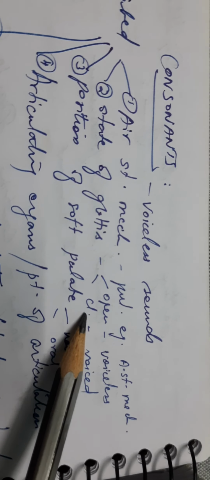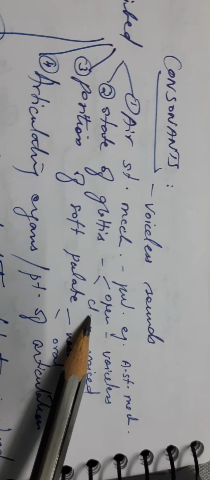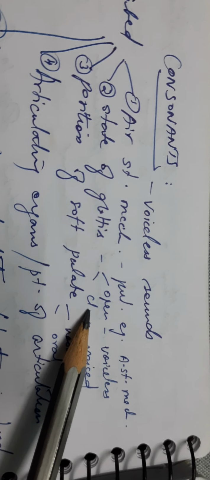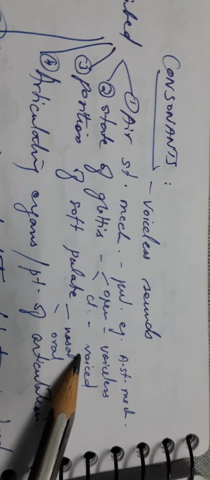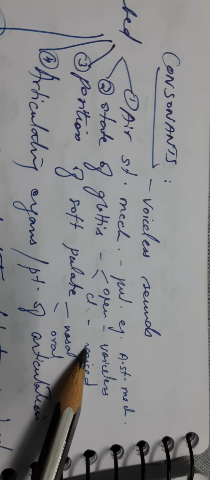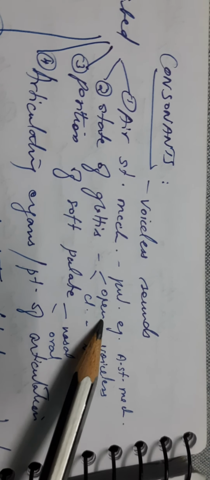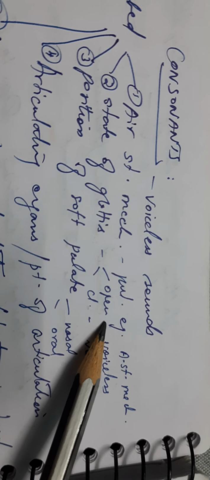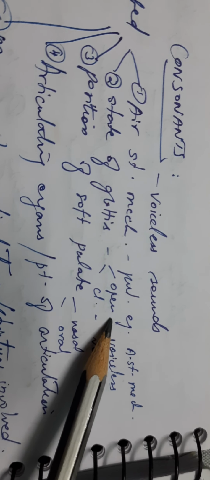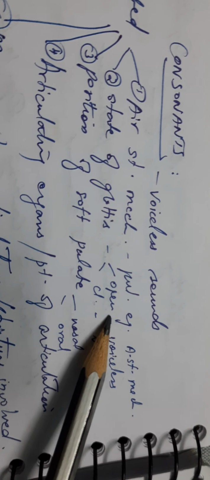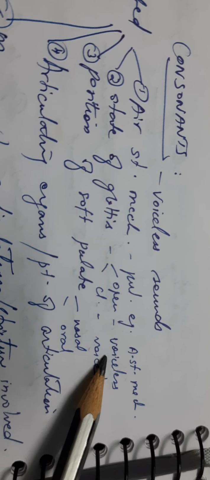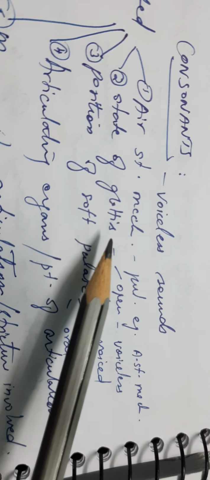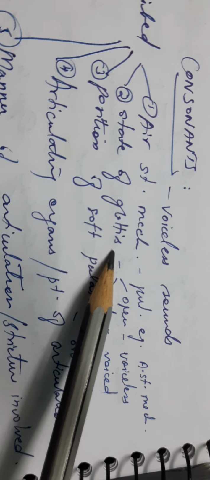When the vocal cords are narrowing the space and the glottis is closed, you get a voiced sound with a frictional vibration. Whereas when the vocal cords are widely open, the air escapes without any friction, and that gives you a voiceless sound. So this is the state of glottis.